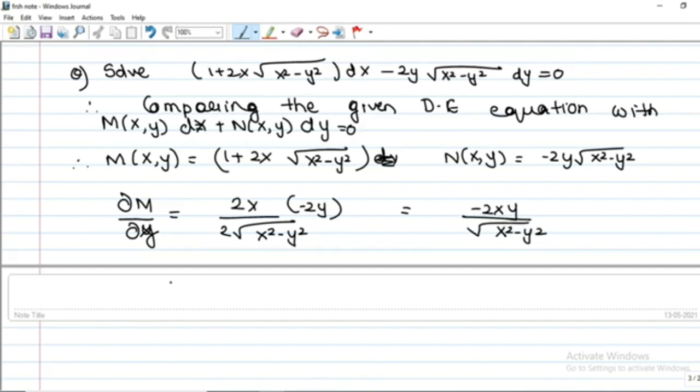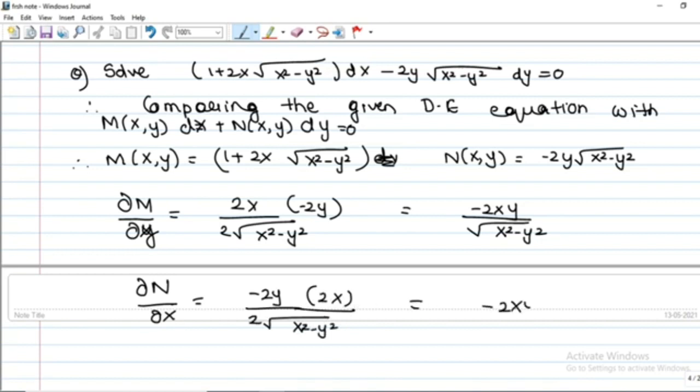Okay. Now dou N by dou x. Here this will again be constant, and 2 under root x square minus y square will be there, and here 2x. Since we are differentiating with respect to x, we will get minus 2xy upon under root x square minus y square again.